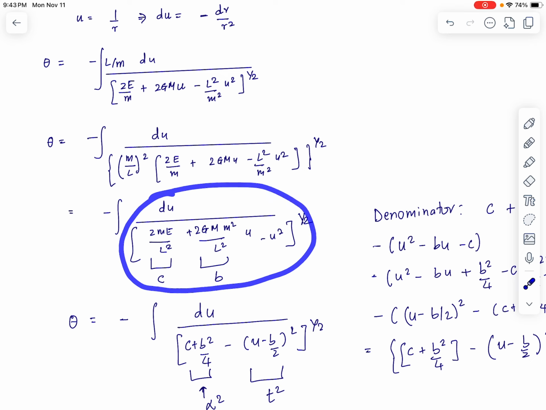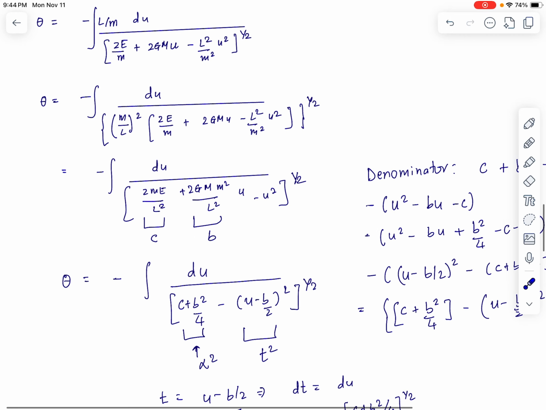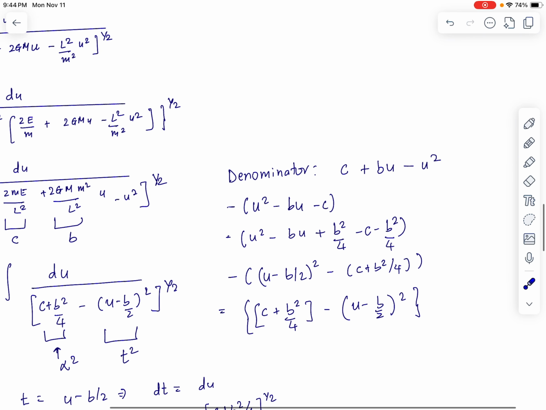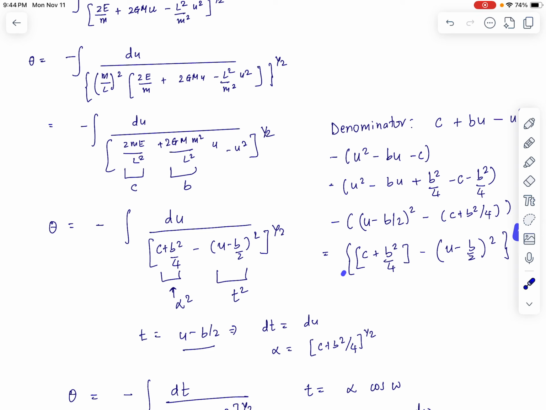So we call this C, we call this B. The term in the denominator under the square root can be written as this, and it can be factorized this way. So we plug the factorized term back in here, right?